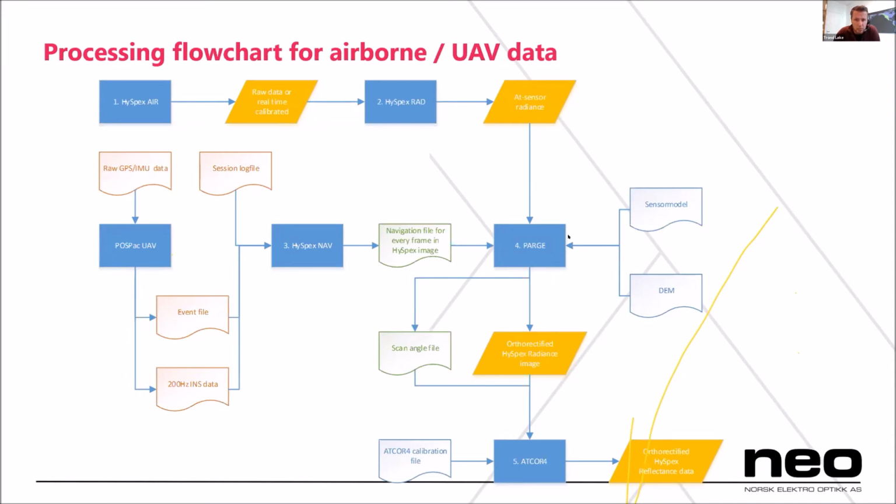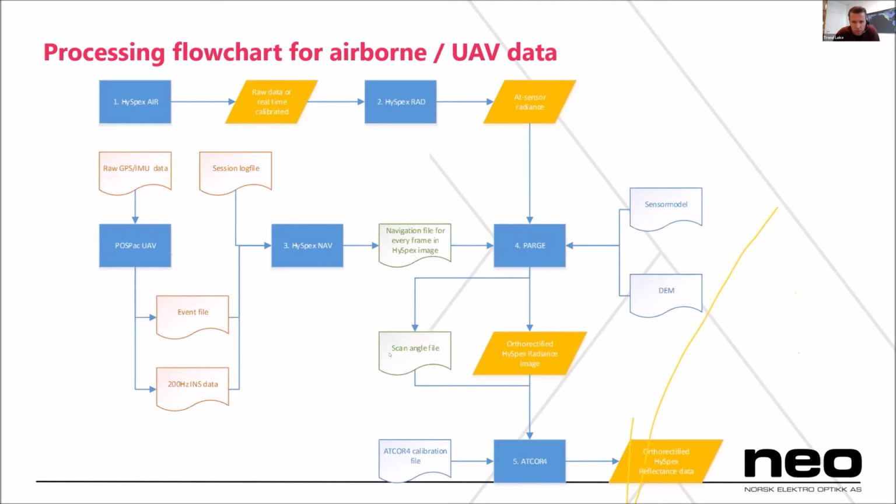Parch takes that in to do the georeferencing together with the elevation model and sensor model. And there's one box missing here at least, which is the boresight file as well. Based on that information, Parch can make an auto-rectified hyperspectral radiance image. And at the same time, it generates all the information needed to do the atmospheric correction later on.